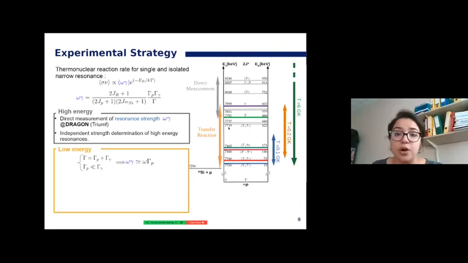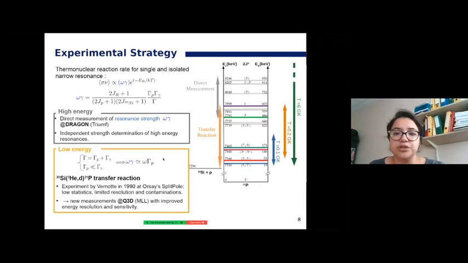But for low-lying resonances close to the proton threshold, a direct measurement becomes impossible due to the ridiculously small cross-sections. So the total width is completely dominated by the gamma width, and thus the strength becomes proportional to the proton width only. The one-proton transfer reaction helium-3,d is an appropriate probe.